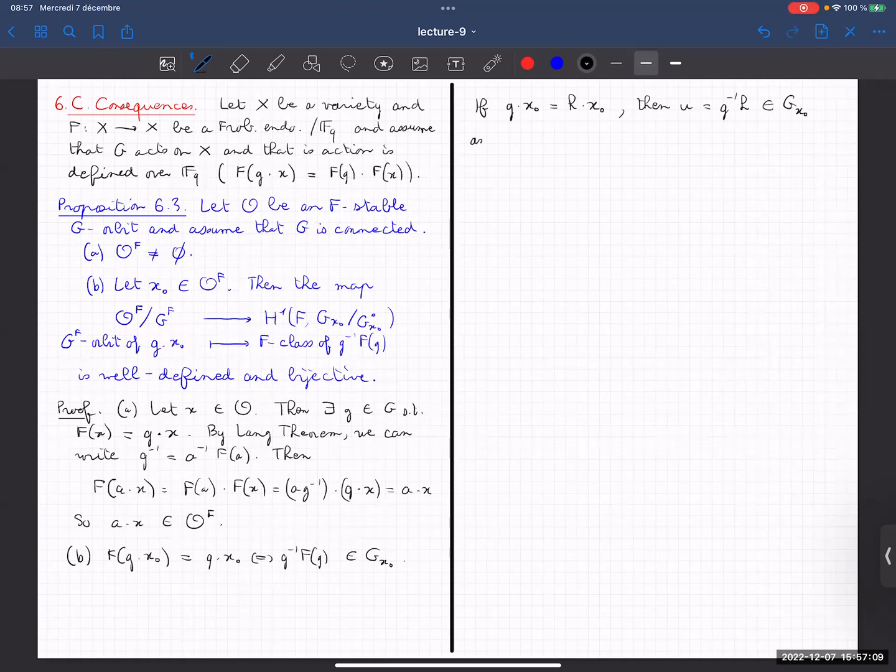And moreover, if you compute g^{-1}F(g), you obtain g^{-1}h times h^{-1}F(h) times F(h^{-1}g). But g^{-1}h is u, here this is h^{-1}F(h), and F of this element is just F(u) inverse.